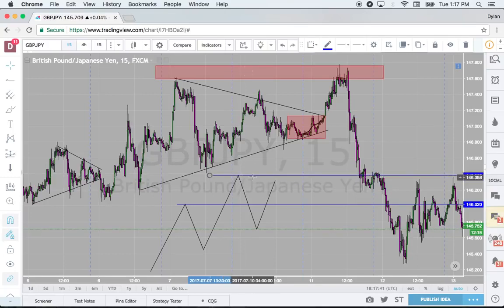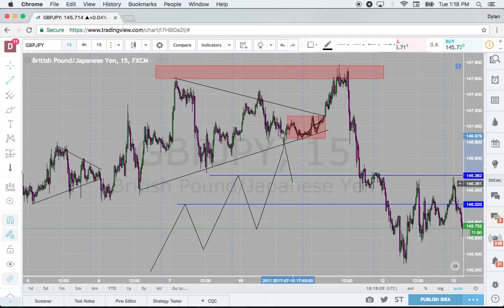Now this line is going to give this retail trader all the confidence he needs to take this trade and to place his buy stop orders in this area to catch what he believes is the trend continuing that upward movement, that uptrend. So this is what he sees.